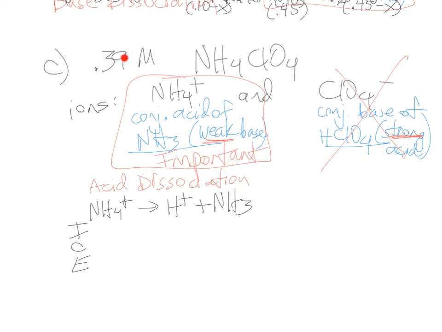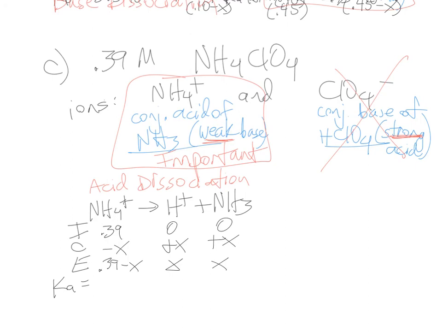And in the problem they gave us 0.39 molar initial concentration. We'll shift to the right. Now, do we have a Ka for ammonium ion, the NH4 ion? Not necessarily.